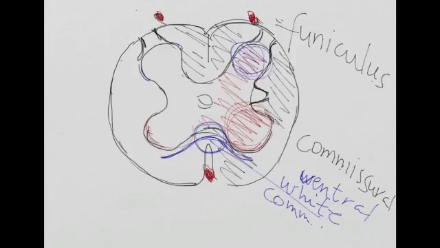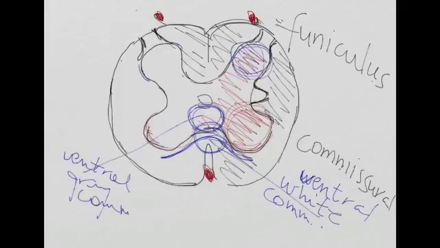We also have nearby here in this area the ventral gray commissure. These are mainly for interneurons crossing from one side to the other.